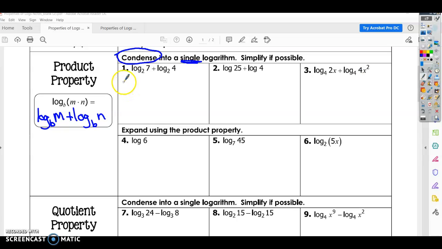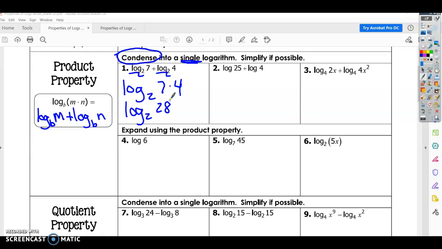So to condense, we're going to use the property. So we're going to say log base 2, and we're going to go from addition to multiplication. So we're going to have log base 2, that's the same thing, and we're going to have 7 times 4. You can leave it as 7 times 4, or you can write it as 28.